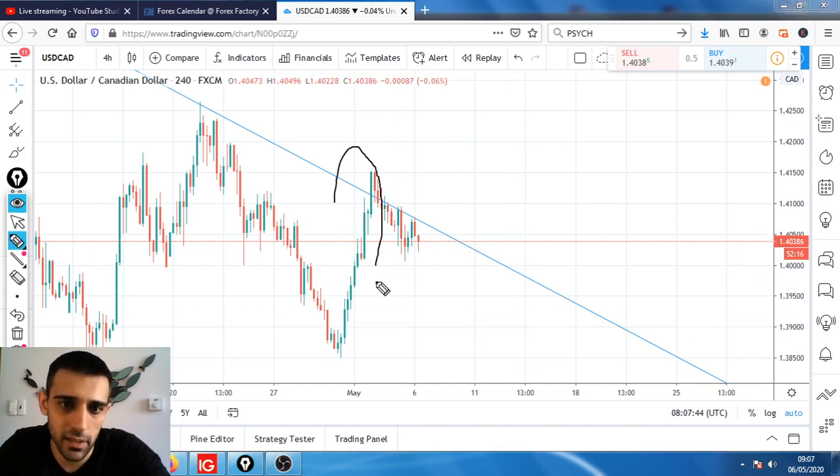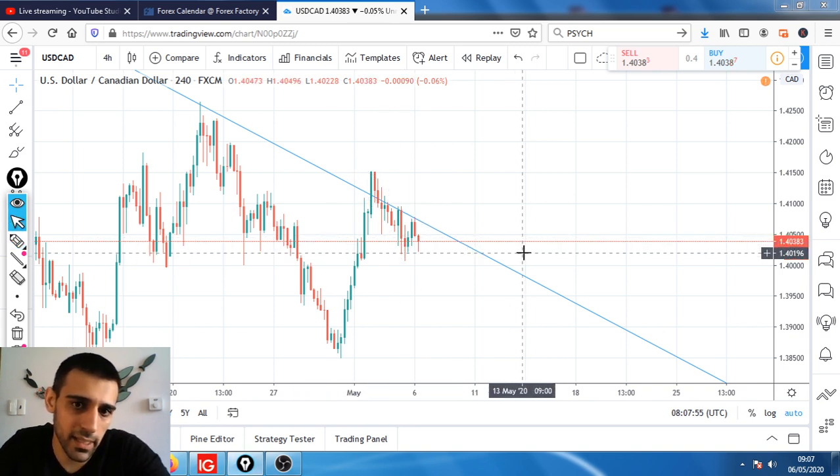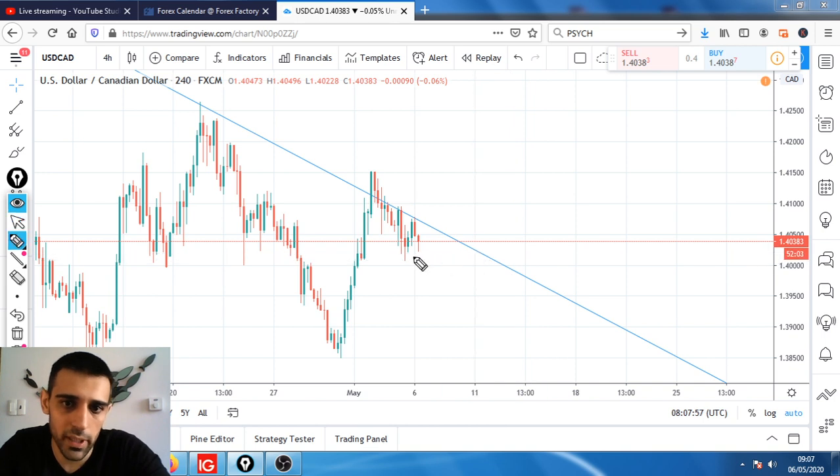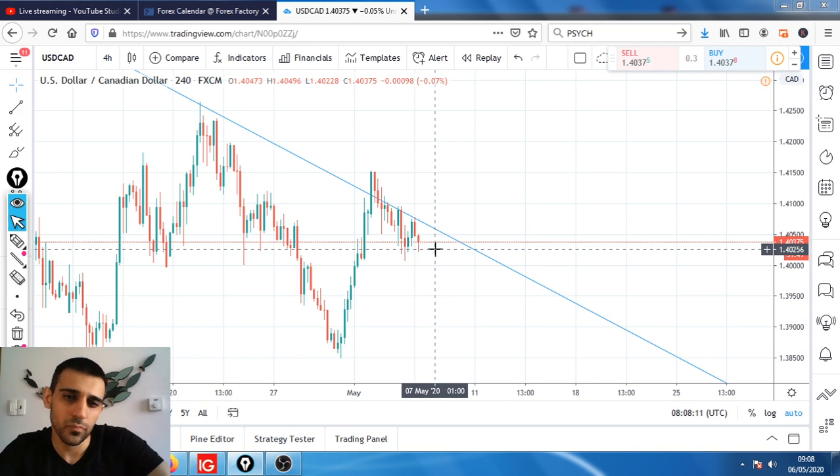We see nice 4-hourly candles towards the upside, and this is just a retracement. The price came down to this support zone and tested it already, actually two times in here, and now on this 4-hourly candle the price already came down and tested it another time. So this one gives me a bit of caution.